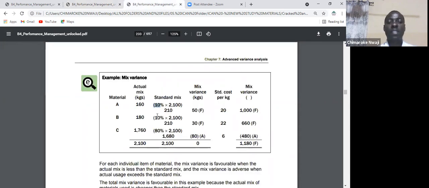10%, 10%, 80%. If you don't want to put it in percentage, you can do it in fraction: 1 over 10, 1 over 10, 8 over 10.